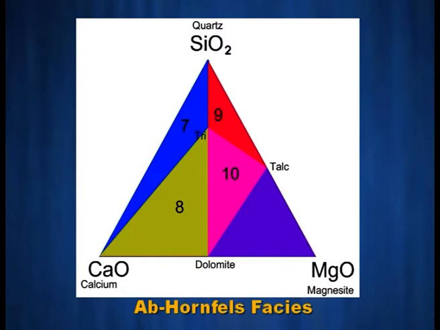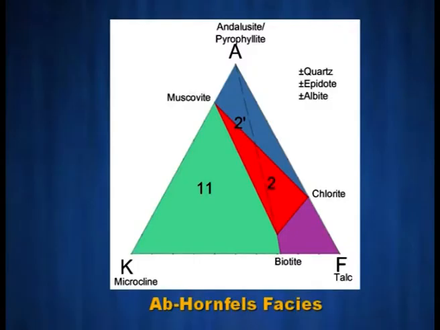Broken lines. Typical assemblages shown in figures 1, 2 and 3 are: first, the pelitic assemblage, which is quartz, muscovite, biotite, chlorite, albite, epidote. Second, quartz, muscovite, biotite, andalusite, pyrophyllite.